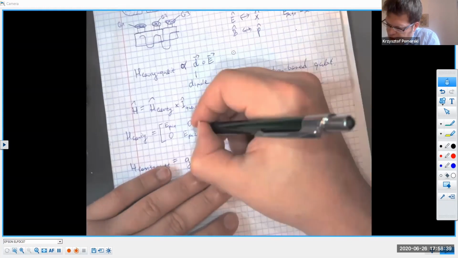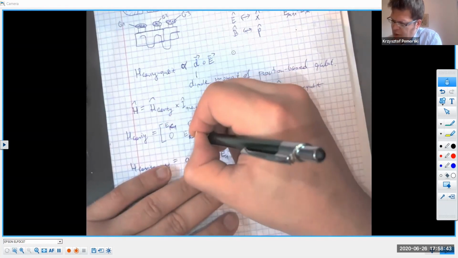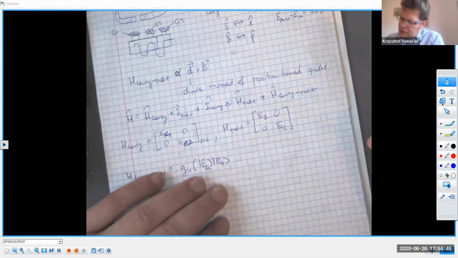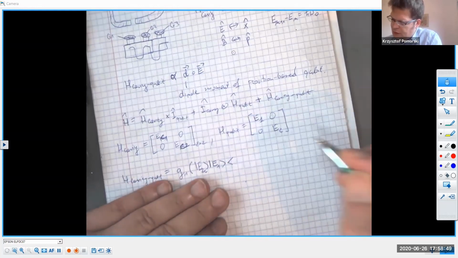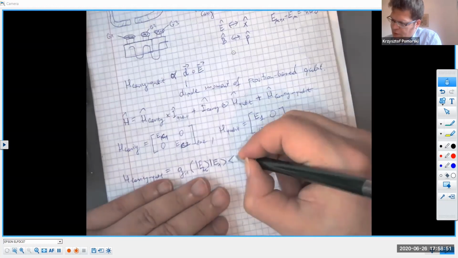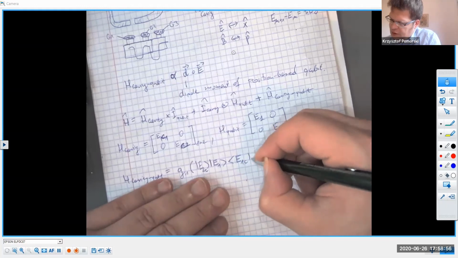I will call it, sorry, it will be easier to call it C cavity 1 and cavity. So there will be two terms. So there will be exchange of energies.